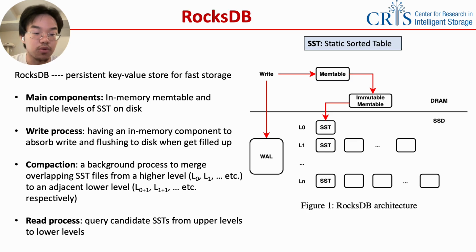And there is a background compaction process, which would merge the overlapping SSTs from a higher level to a lower level. The read request queries the candidate SSTs from higher level to lower level in order, until it successfully reads the target key.